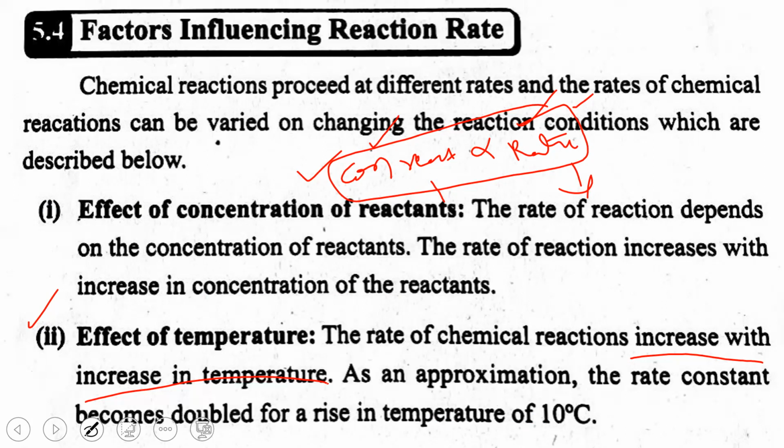Approximately, the rate constant becomes double for a rise of 10 degrees Celsius. If you increase the temperature of any reaction by 10 degrees Celsius, then automatically the rate of the reaction will become double. That means very, very fast. See this.